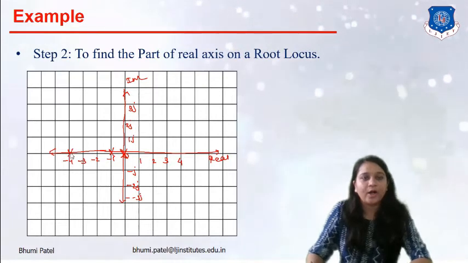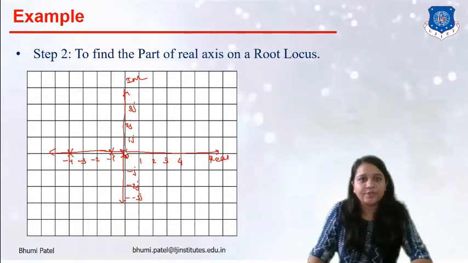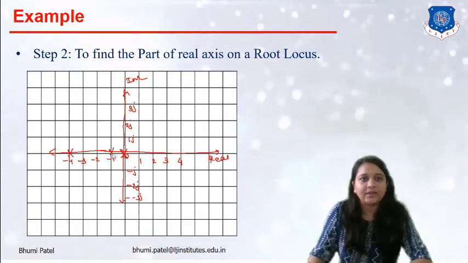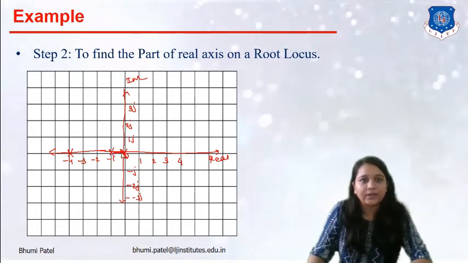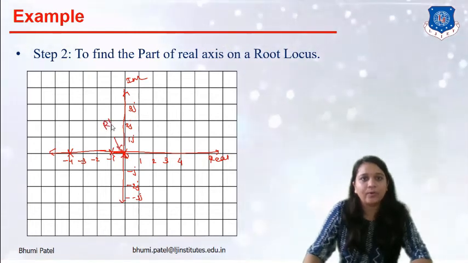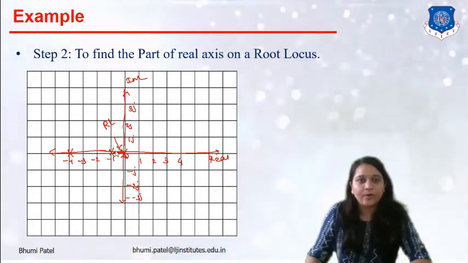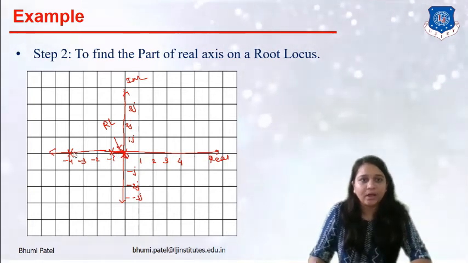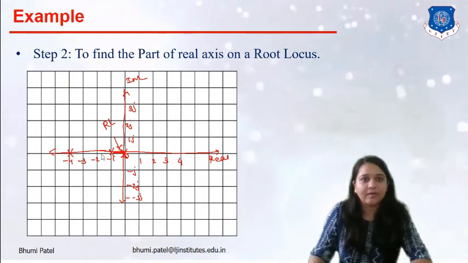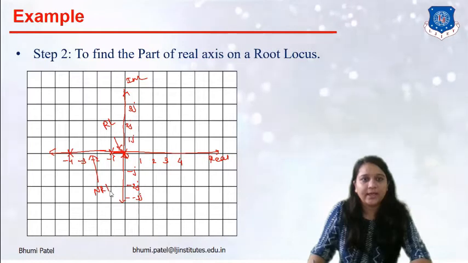Now we have to find the root locus area. Starting from the first pole and ending with the second pole, we draw a dark line. This area is the root locus area. Now between the second pole and the third pole, this is not a root locus area.